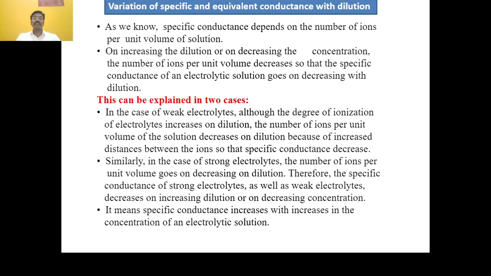The number of ions per unit volume decreases in the case of specific conductance. We know that conductance depends upon the number of ions and the speed of ions. On dilution, the total number of ions increases, but the number of ions per unit volume decreases.